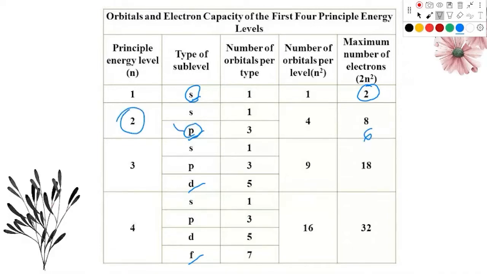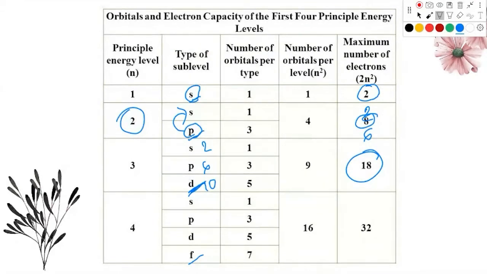It stays together with S, so S is 2 electrons and P is 6, so the total is 8 electrons. And then in shell D, you can put a maximum of 10 electrons, so D 10, P 6, and S 2. In total, we can put 18 electrons.